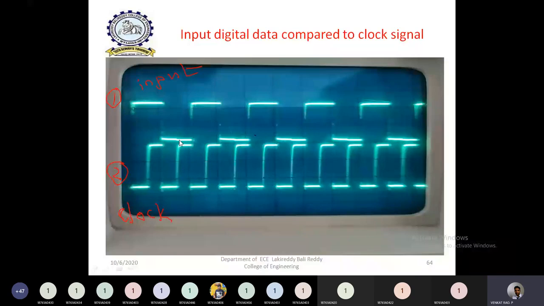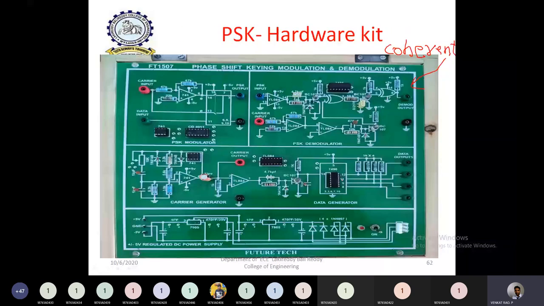That pulse may correspond to either 1 or 0. If it is a positive pulse, you can treat it as a binary 1. If it is a negative pulse, you can treat it as a binary 0. Like that, this is the sequence coming from the input digital data from this experimental kit.